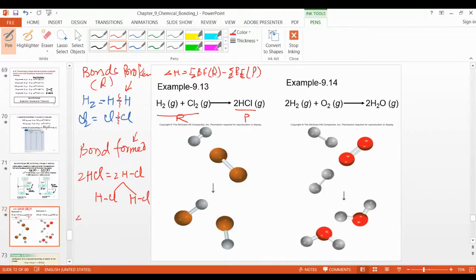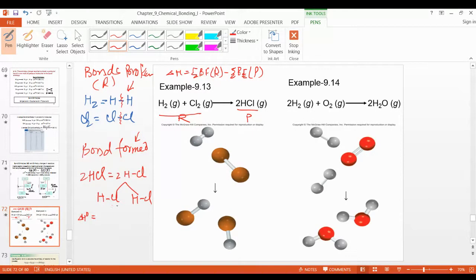You can write in the formula delta H naught equal to the summation of the bonds broken. So you can write here H-H plus Cl-Cl, minus, this is bonds broken, and now bonds formed.